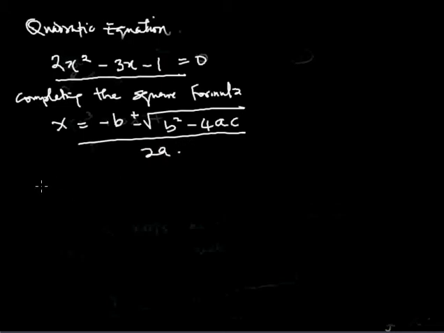What's the value for our b? Our b is equal to minus 3. Our a is equal to 2, and our c is equal to minus 1.